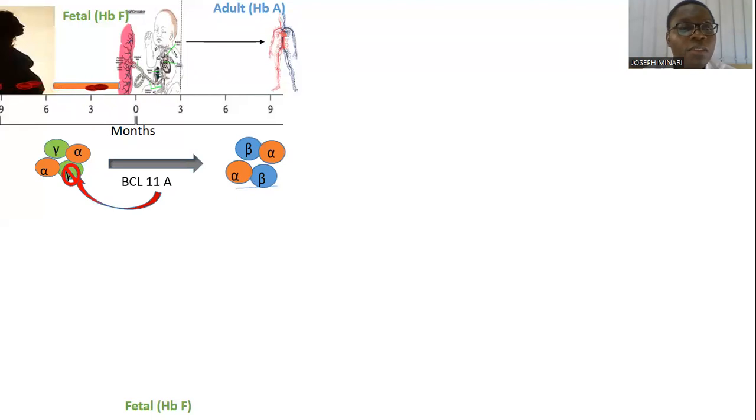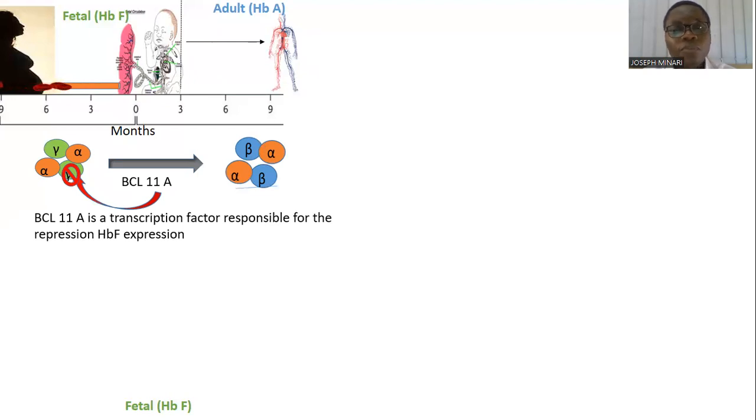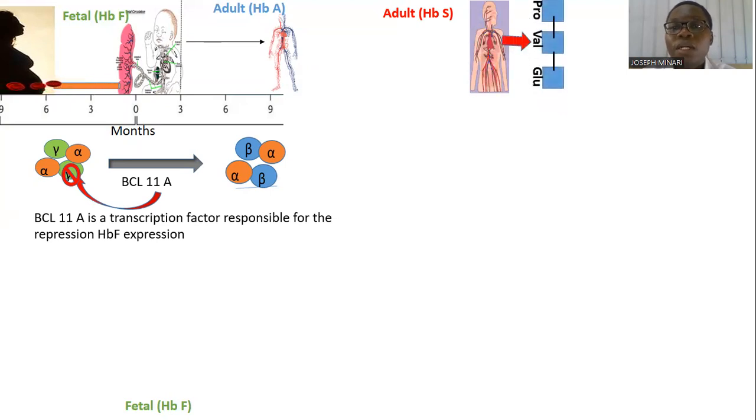The BCL11A is a transcription factor that is responsible for the repression of the HbF. Now, in the case where we have a mutated hemoglobin already, with valine instead of glutamic acid, we already have hemoglobin that is producing a sickle cell.